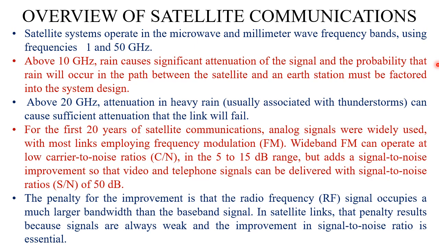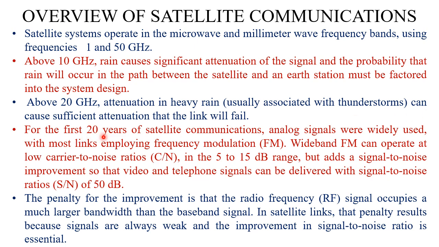Above 20 gigahertz, attenuation in heavy rain, usually associated with thunderstorms, can cause significant attenuation that the link may fail.